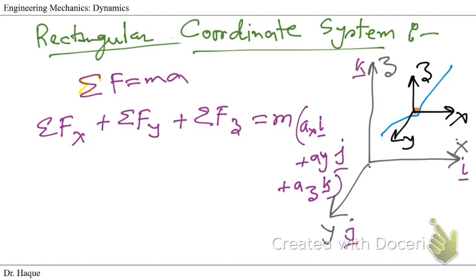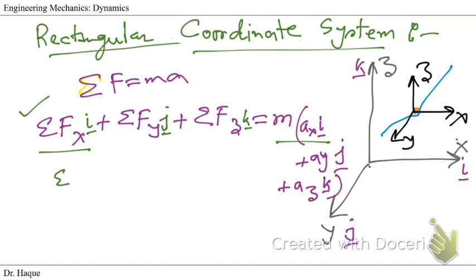From this equation, we can also put i, j, k on the forces, because these are directional forces. So we can have three equations, taking the i components together, the j components together, and the k components together.